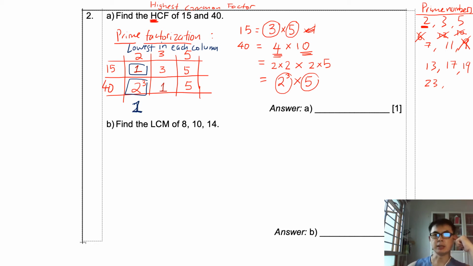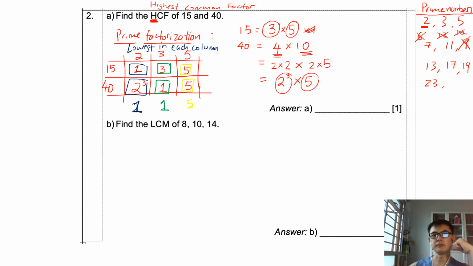Okay, so now the next comparison. The next column, because we want to write down the lowest in each column. So what is the lower between 3 and 1? The answer is again 1. Same thing for the third column, between 5 and 5. Now what is the lowest? It's 5.